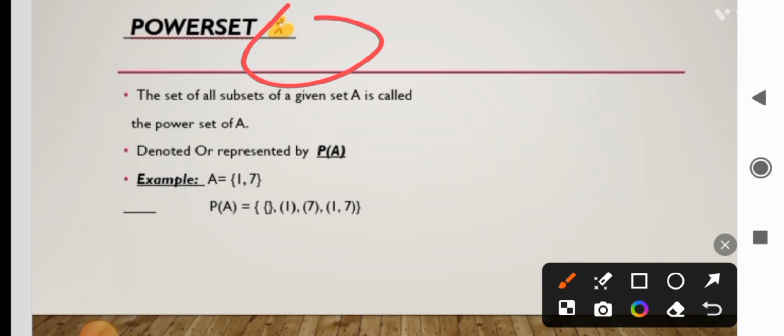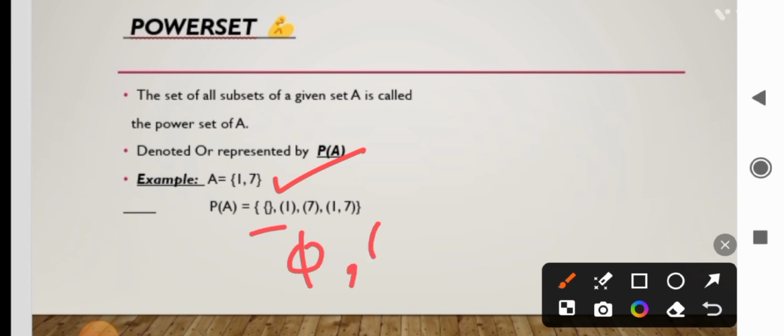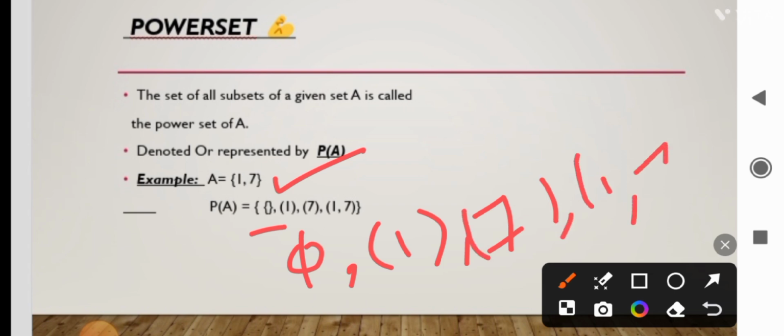So now we are taking one example. Let's take set A equal to {1, 7}. The power set of the set A is {phi, {1}, {7}, {1, 7}}. Here we are representing all the elements in it.